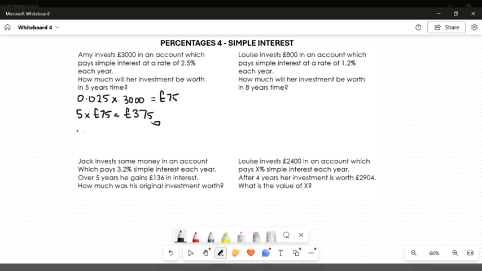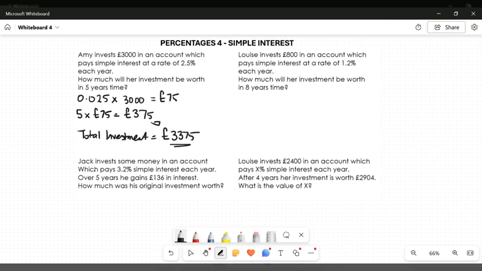Her total investment is her original amount, which is 3,000, plus the interest. So she's got £3,375. Make sure you read the question. Sometimes it'll ask for the interest, sometimes it'll ask for how much the investment is worth. When it's the investment, that includes the original amount. When it's the interest, it's just the interest.